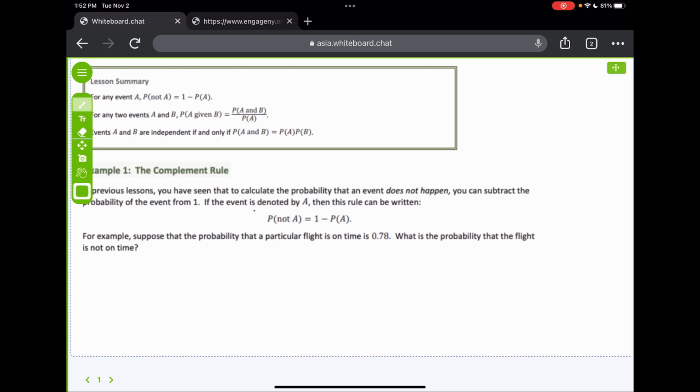Well, we would simply say 1 minus 0.78, okay, so that would be the probability that it would not be on time. A lot better chance of it being on time.